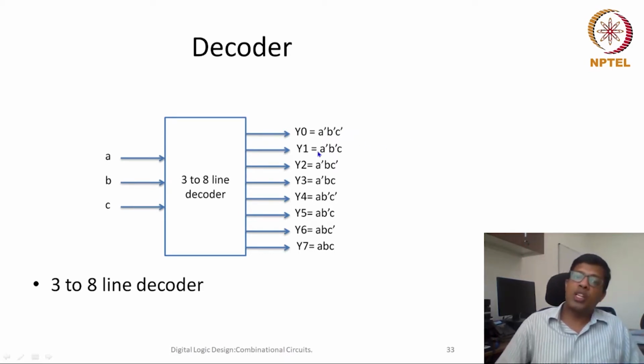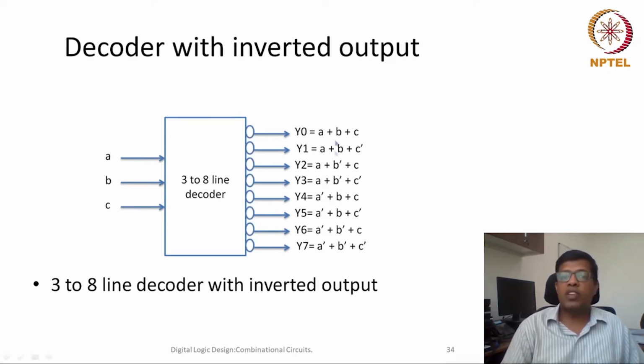The other, we also understand that all of these represent min terms. If I want to invert that, the corresponding max term can be used as the inverted function. So either way, if the outputs are inverted, then y0 would be represented by A plus B plus C. We know that A plus B plus C would be 0 if A, B, C are all 0, otherwise it is always going to remain 1.